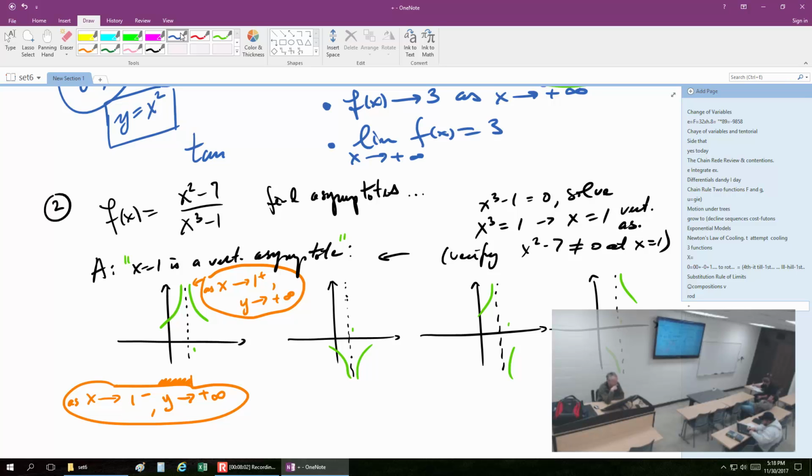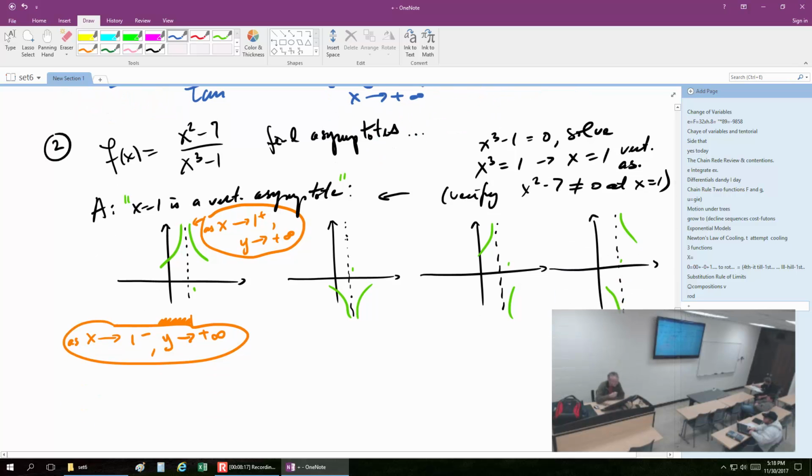You can plug in values. If you pick values close enough to 1, then there should be no ambiguity. Identical to that idea is using a graphing calculator. It's the same thing, plug it in, except the calculator does it for you.